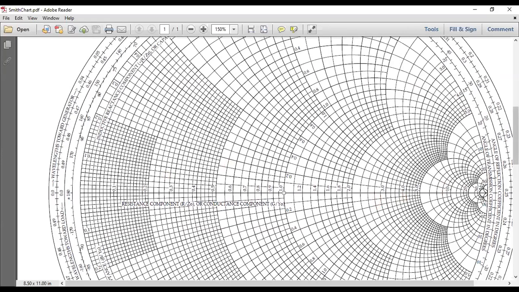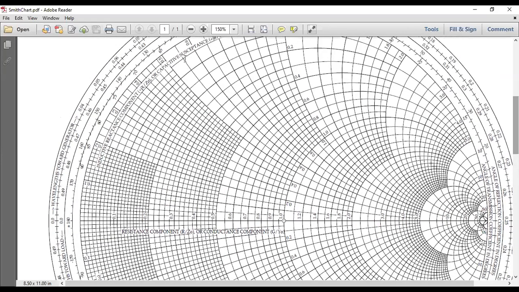From now onwards I'll take the impedances as normalized impedances. I'll take 1 plus j1, where j is the imaginary part. Now can anybody tell me whether this impedance is an inductive reactance or a capacitive reactance? 1 plus 1j.